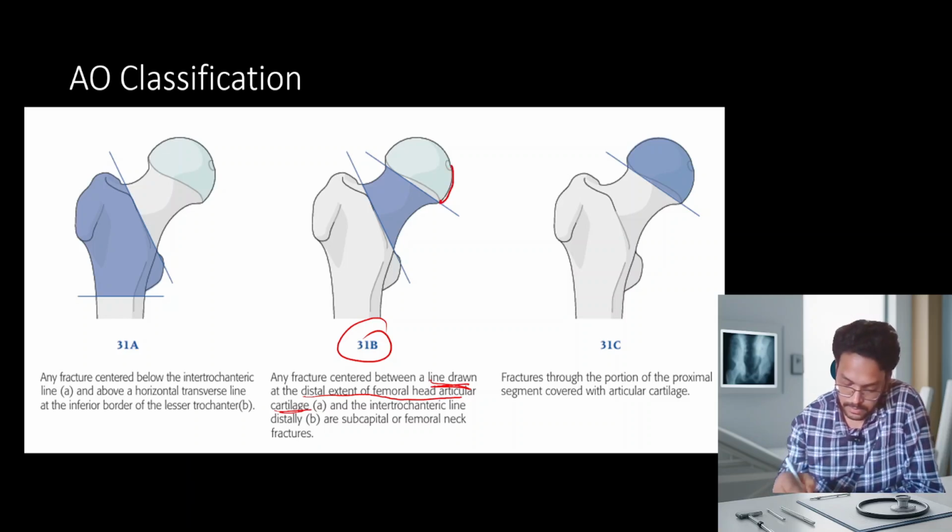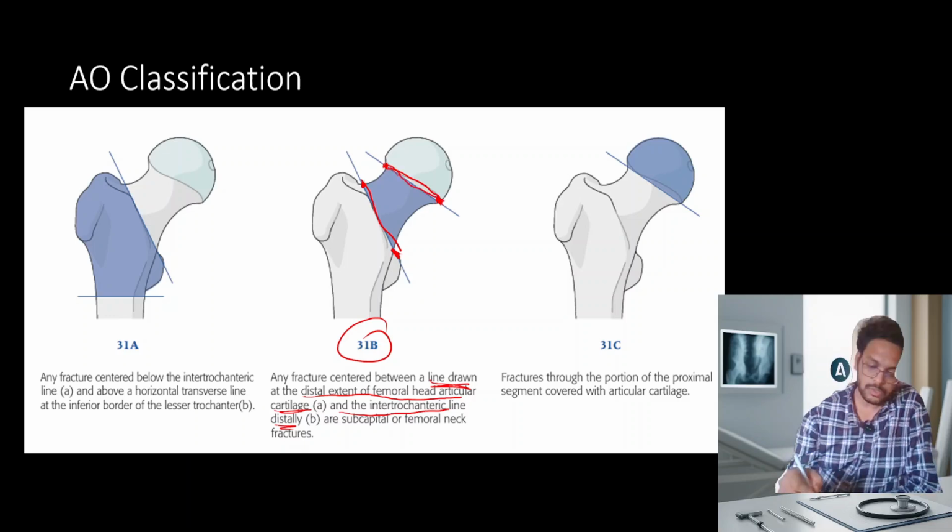Then the intertrochanteric line distally, and this is the distal-most articular part, with subcapital or femoral neck fracture lines. So this is the neck region defined by AO.